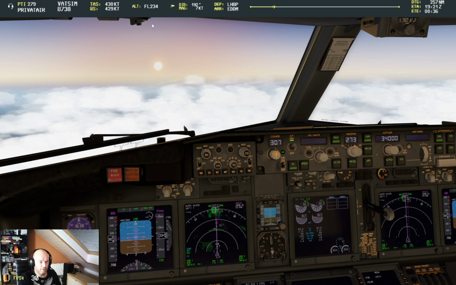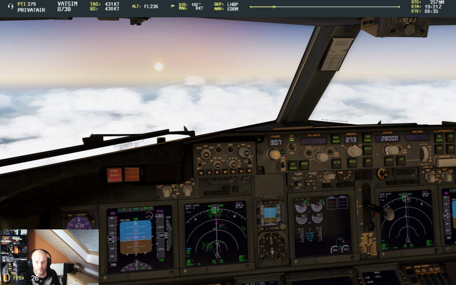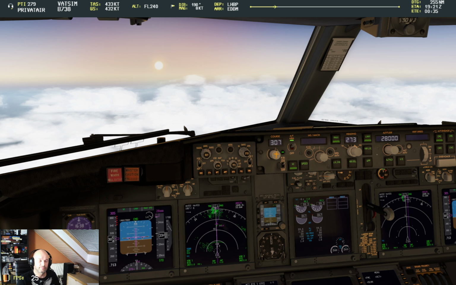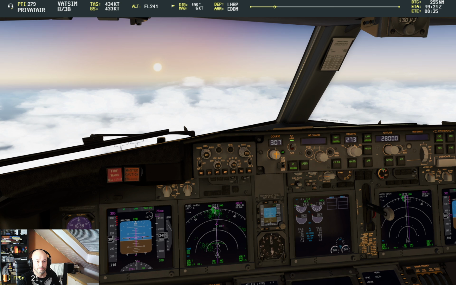Stop climb level 280, private air 279. Okay, level 280 set. We can have a look how our volcano is doing.